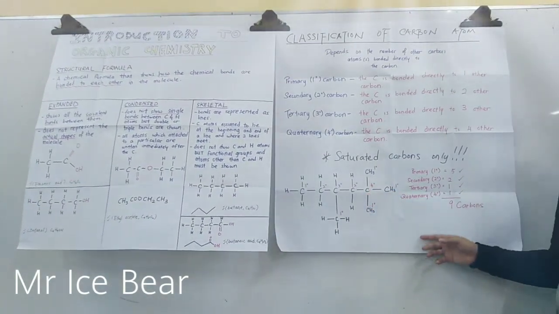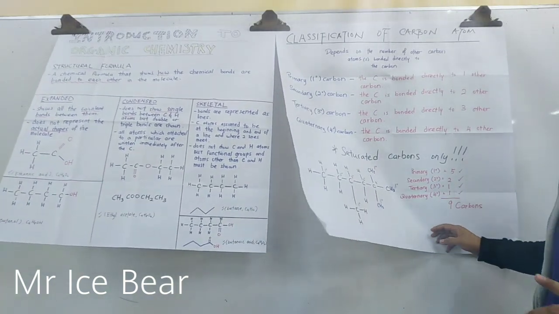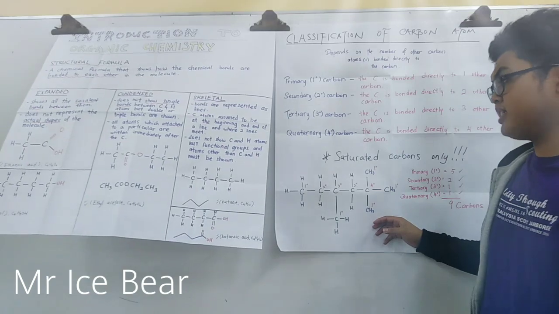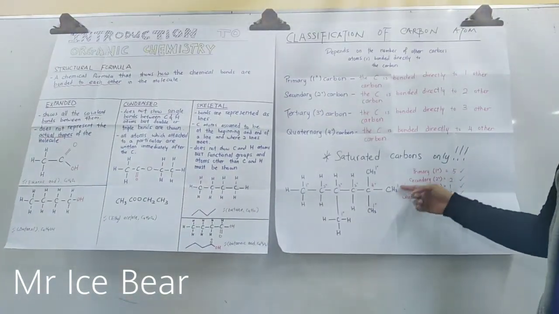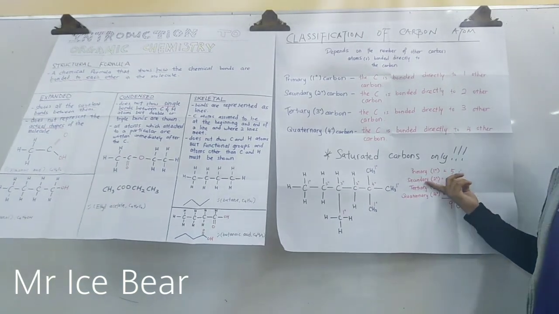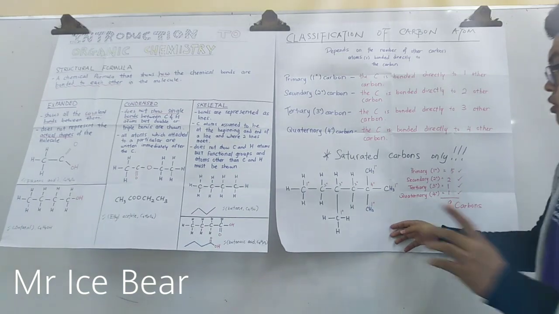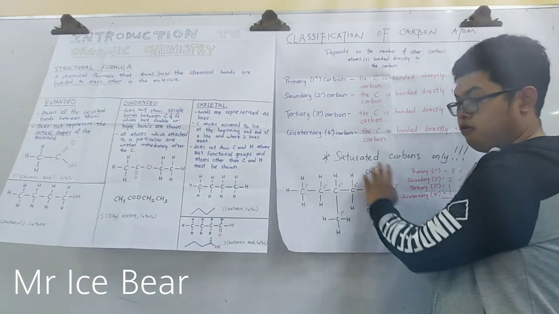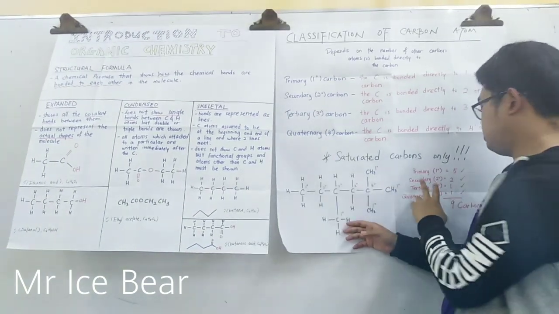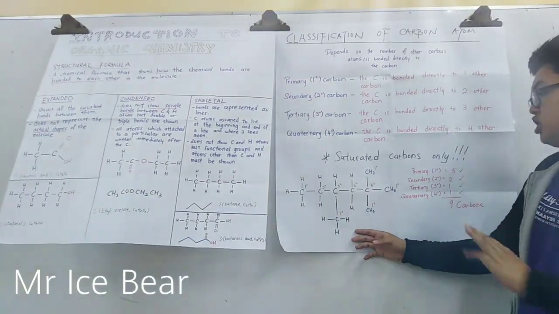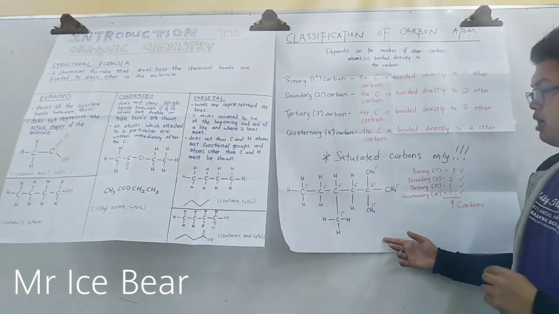If the question asks you how many carbon atoms are present in this molecule, you list it out: how many primary, secondary, tertiary, quaternary carbons. Total there are 5 primary, 1, 2, 3, 4, 5. Next, secondary, we have 1, 2, so there are 2 secondary carbons. Tertiary we have 1. Quaternary only has 1 carbon atom.